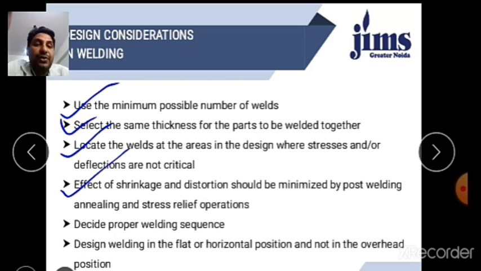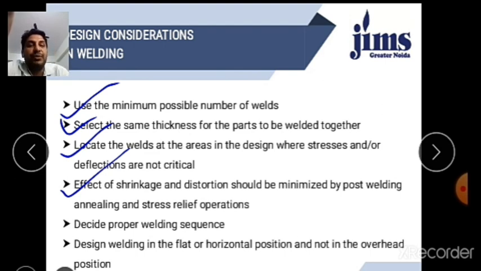Next point is the effect of shrinkage and distortion should be minimized by post-welding annealing and stress relief operations. These are very important pre and post operations of welding. After welding you need to perform annealing and stress relief operations so that residual stress may be removed, otherwise it may distort the shape of the component.